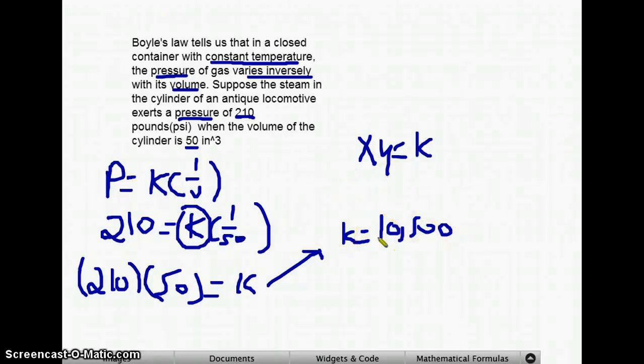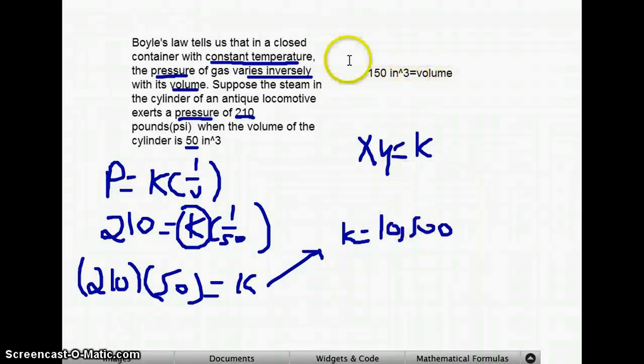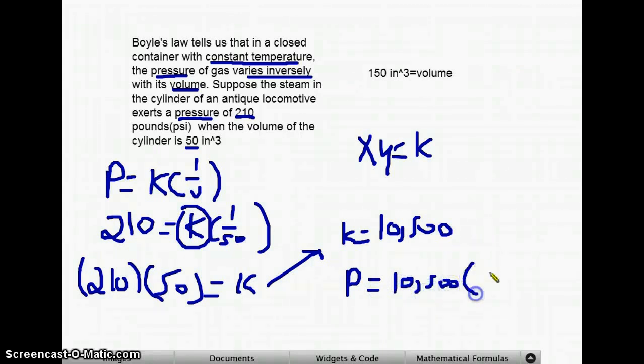And then they ask us to determine the pressure when volume is 150 inches cubed. So in order to find that, over here we do 150, since we have inches cubed, would be the volume. What we're going to do is take the constant and plug it into the formula. So P equals 10,500 times 1 over V, right?